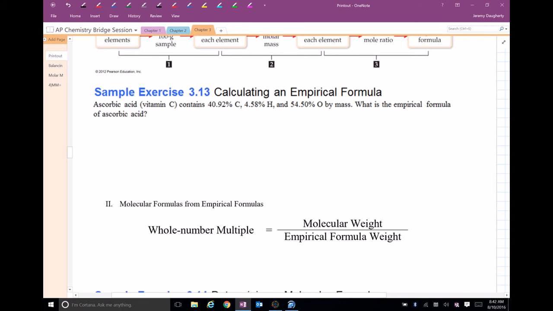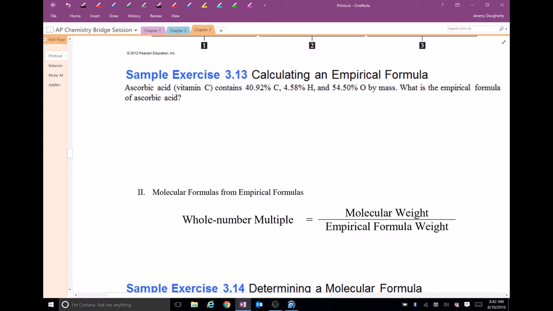One of the big things with the AP curriculum that we'll try to work on throughout the whole year is presenting your data, presenting your work. This is a big thing, because if you present your work and it's all over the place, it doesn't look like you know what you're doing. It looks like you have no idea and you're just putting numbers down, hoping that somehow you get to the answer.